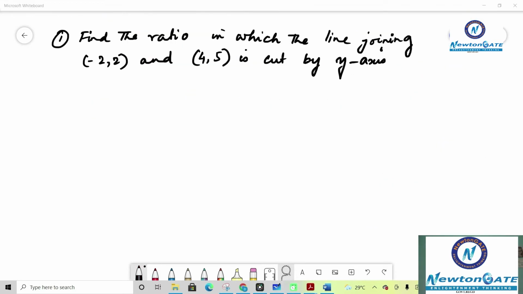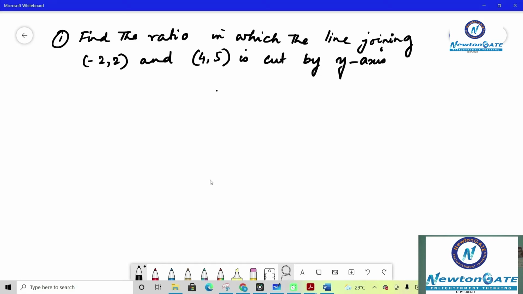So the sum that we are going to do is: find the ratio by which the line joining minus 2 comma 2 and 4 comma 5 is cut by the y axis. Before starting, let us draw the figure quickly. Always, diagram is important. Let us plot the two coordinates.